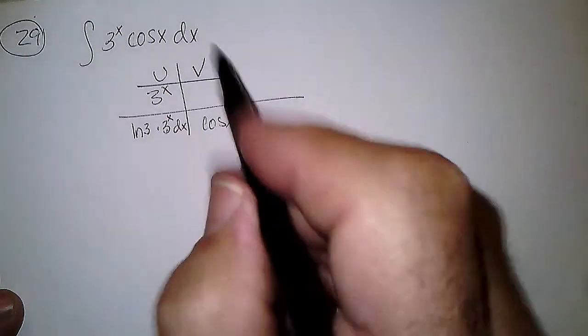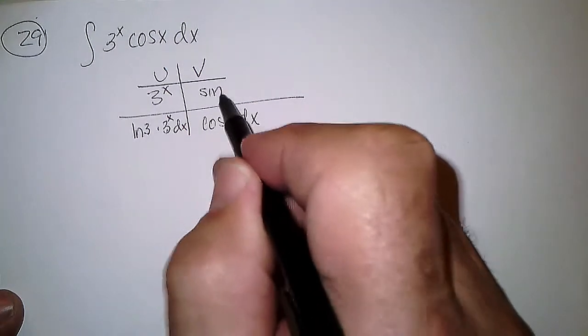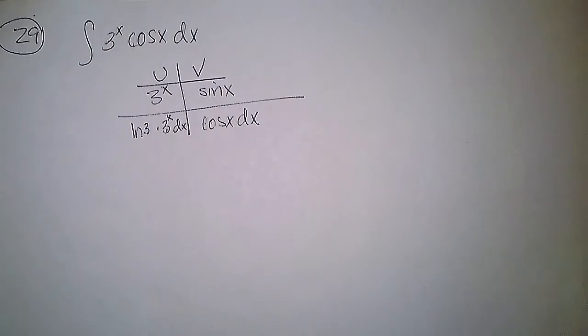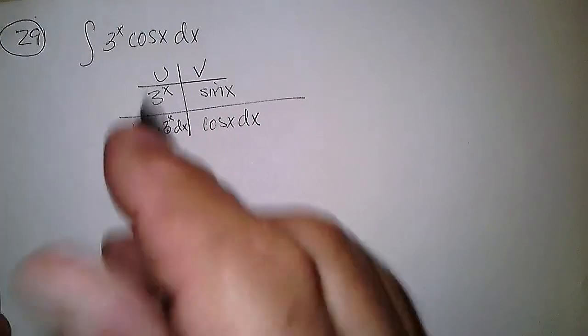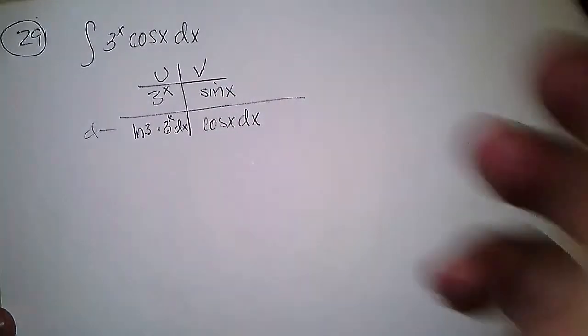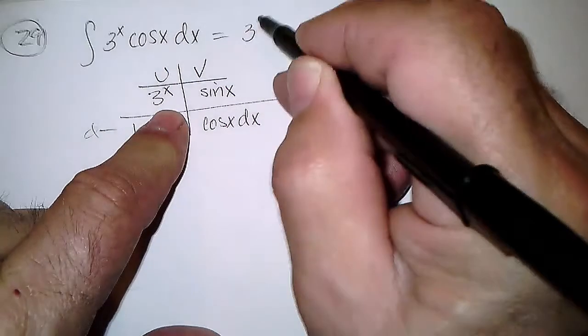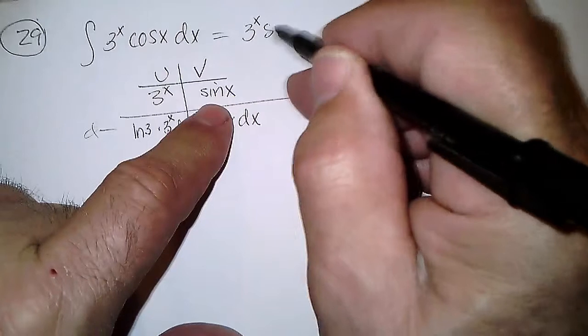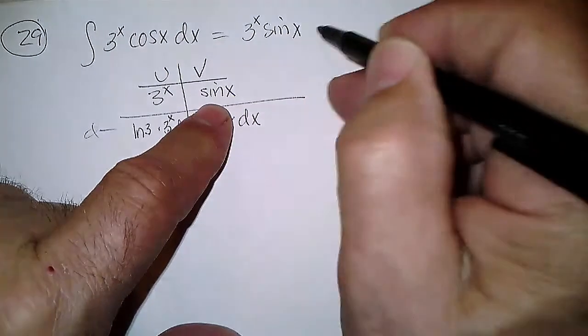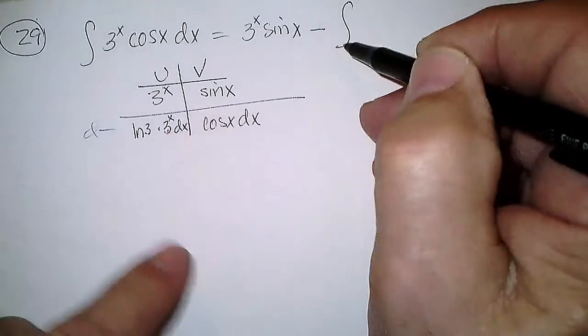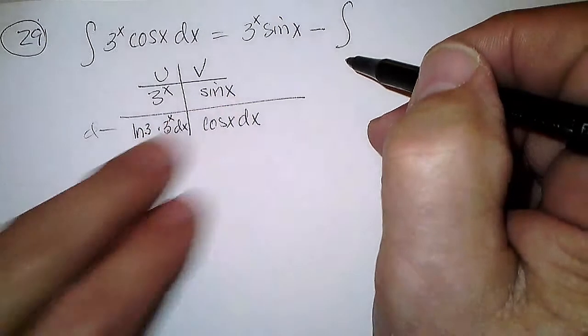If I integrate that, that's sine of x. And so this becomes uv, 3 to the x sine x, minus the integral of v du.